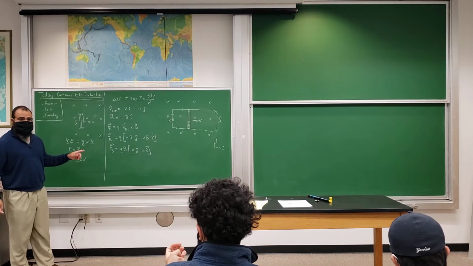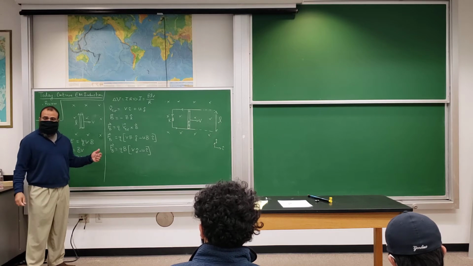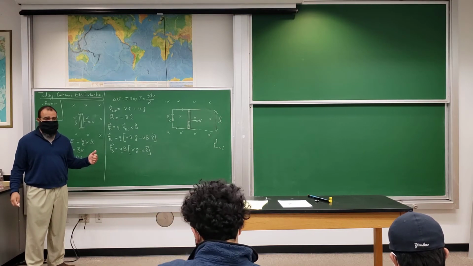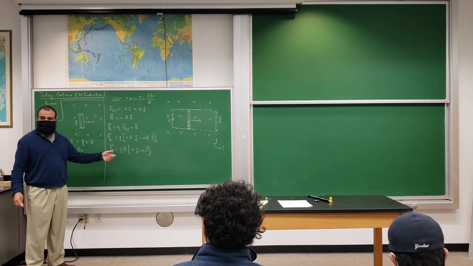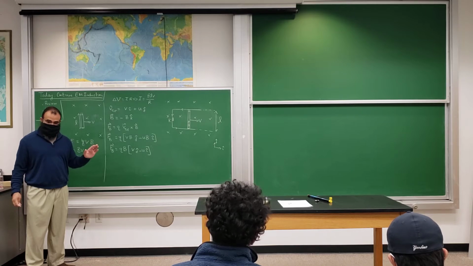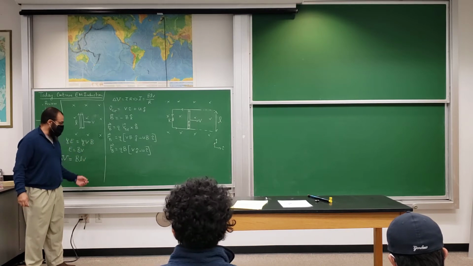Now, I want to find out what the work done by the magnetic field is, right? That's why I calculated the magnetic force. Again, what should the work done by the magnetic field be? It should be 0. So let's show that it is 0.